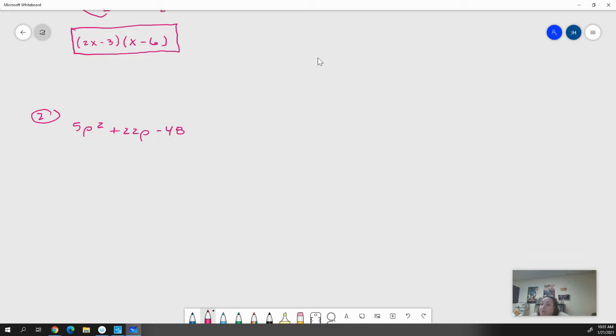What do I know? I know by looking at my chart, this is negative, which means I'm going to have a positive factor, a p plus something, and I'm going to have a negative factor, a p minus something. What am I going to work with, though? I'm going to follow the same rule.